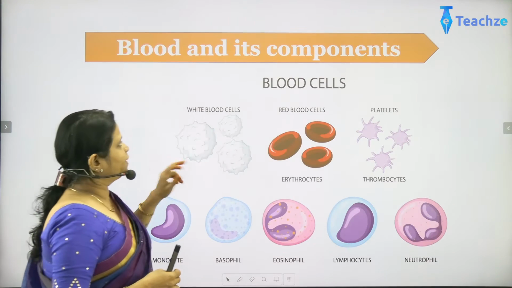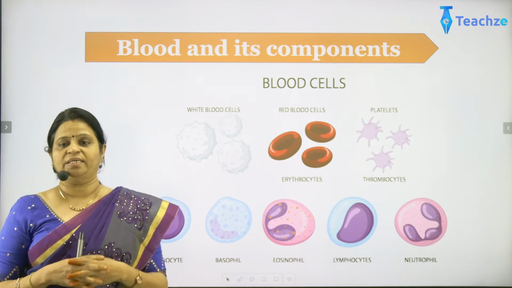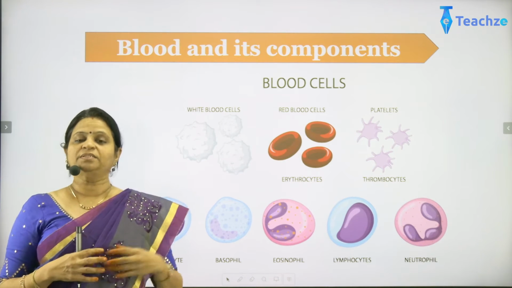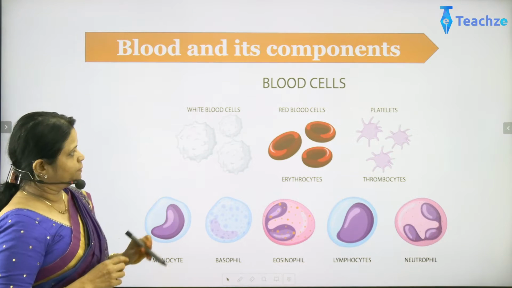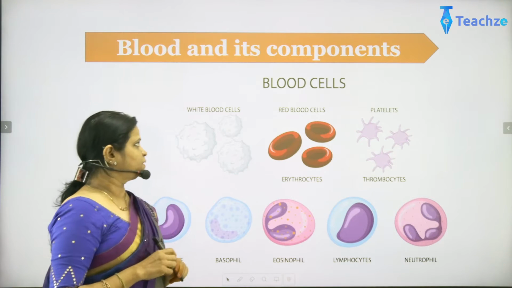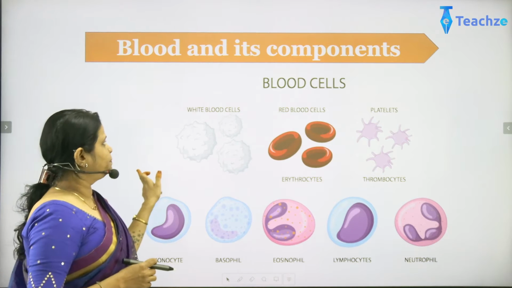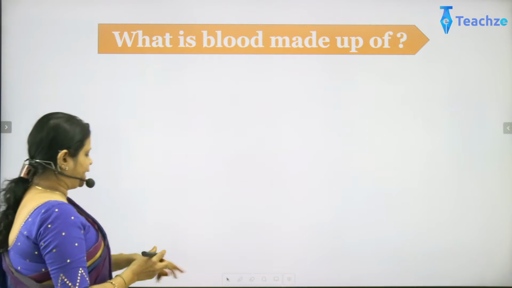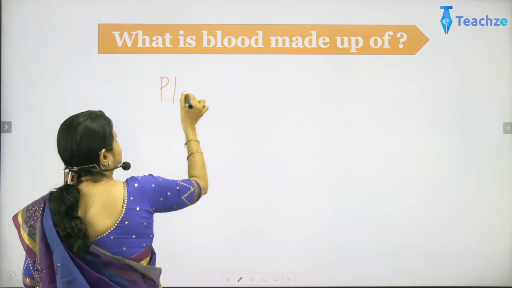Now let's look at blood and its components first, and then we'll go back to understand what exactly happens in all these components. On the screen you can see that blood is made up of certain substances. Before the blood cells, blood is made up of plasma.